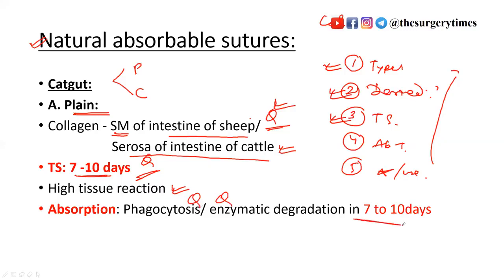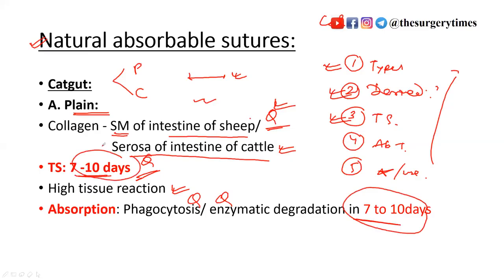Tensile strength is the strength of the suture that can be held in a tissue for how many days. But absorption rate is when it will become invisible, that is, completely absorbed after how many days. It may vary, but more commonly it is between 7 to 10 days. And for catgut, tensile strength is also 7 to 10 days.